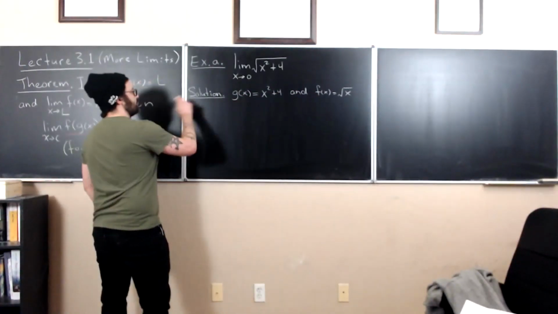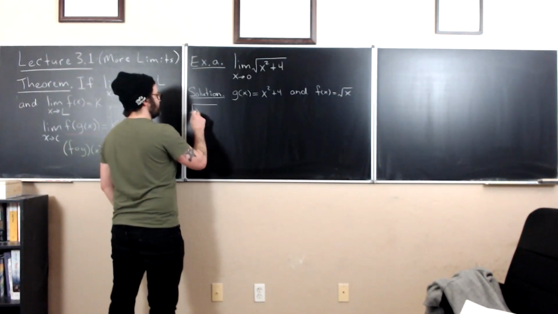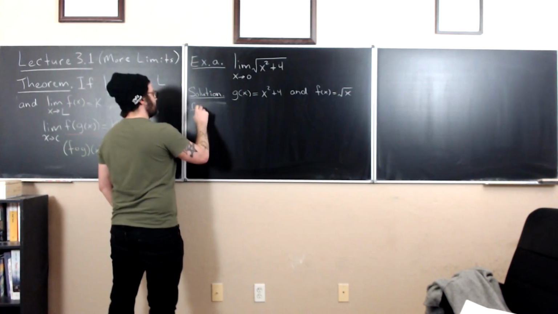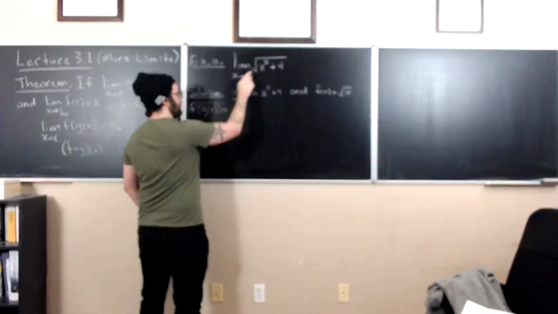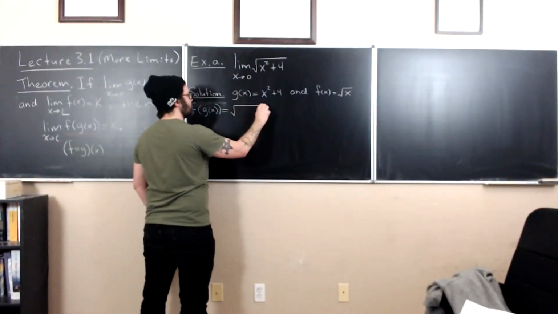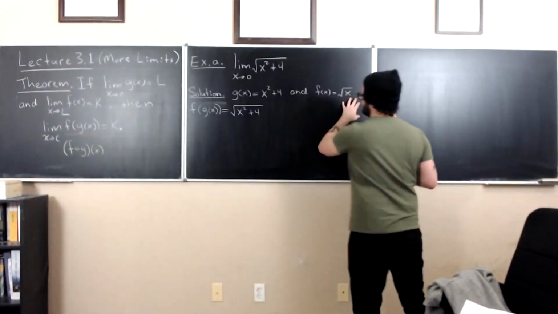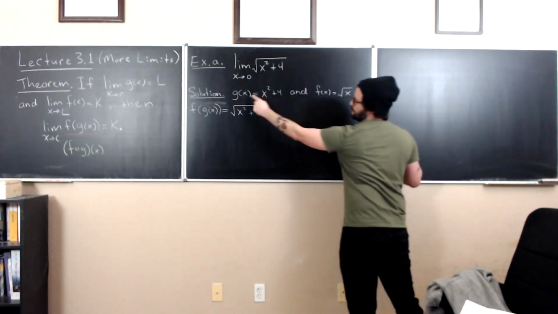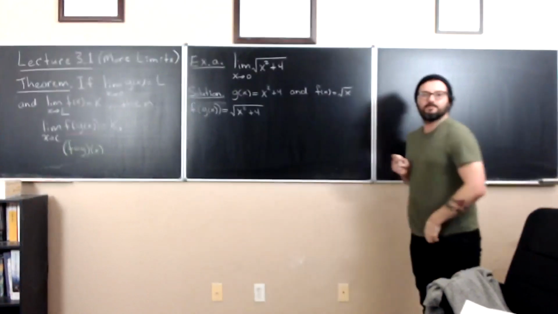So I'll write f composed with g of x is precisely that. What do we plug into f when we're composing? We plug in g of x. So instead of writing an x right there, we would write g of x, which is equal to that. So we can think of this as a composition of functions.